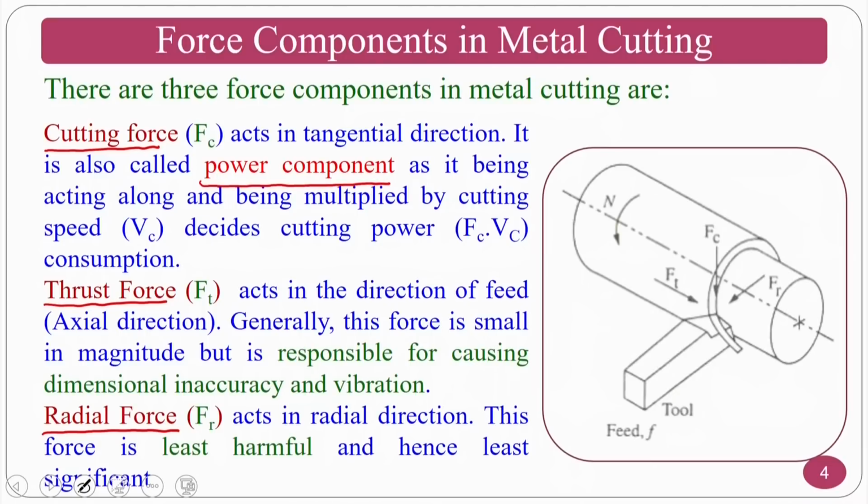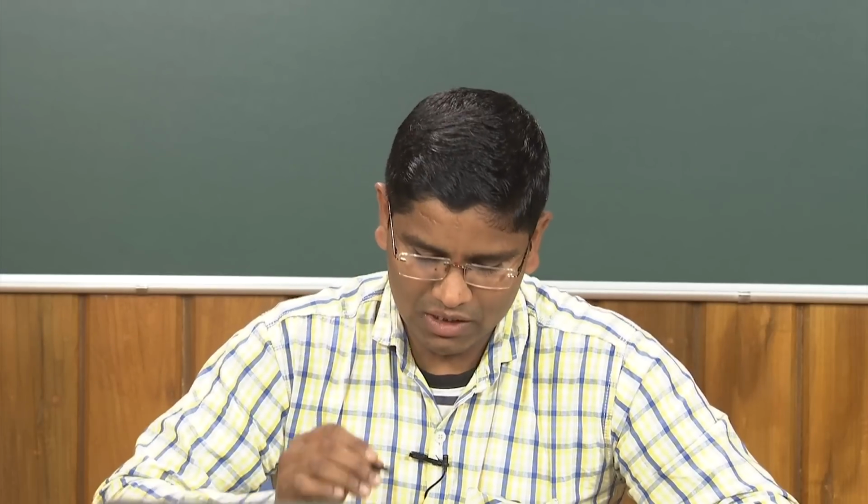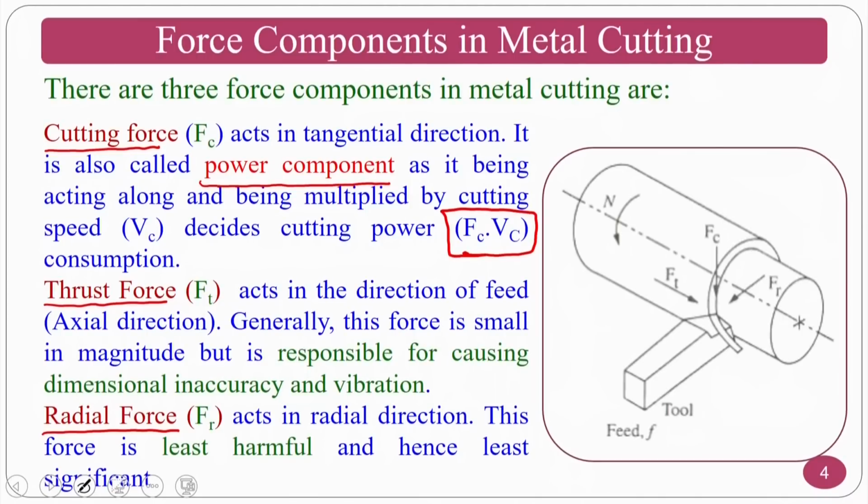As I said in the beginning, Fc into V gives the power requirement, that's why it is called the power component. The cutting force normally acts on the tool by the chip. I will explain thrust force and radial force first, then come back to the cutting force.